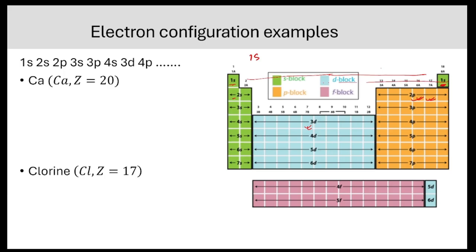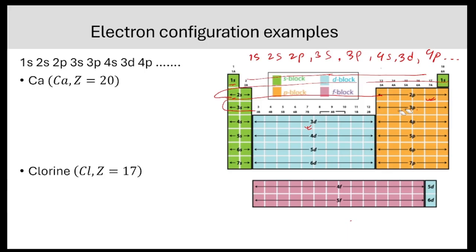And the second is 2s, and from 2s 2p, from 2p we have 3s, and from 3s we have 3p, from 3p 4s, from 4s 3d, from 3d 4p, and so on.